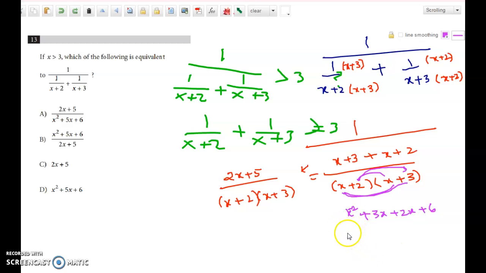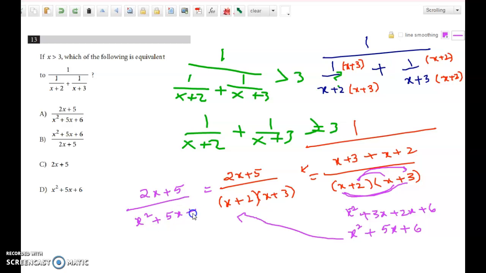So combine those. Instead of factoring those two, I can write it down like that. So my answer out of this is going to look like 2x plus 5 over x squared plus 5x plus 6.